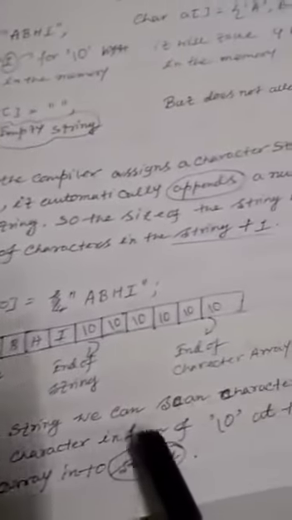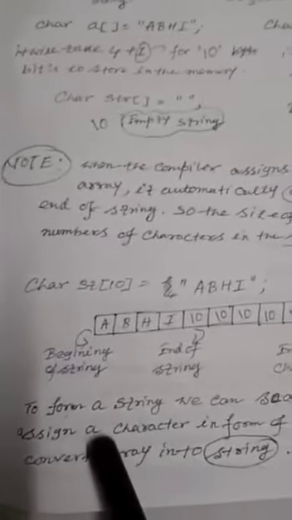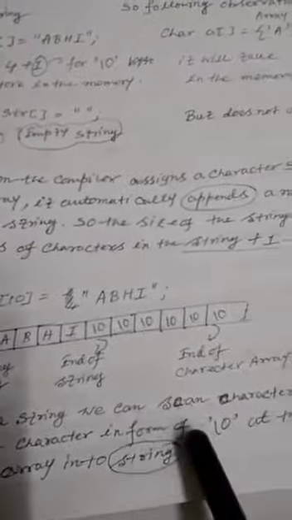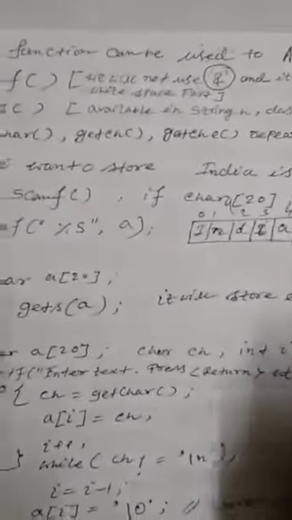To form a string, we can scan characters individually and assign a null character at the end to convert the array into a string. To convert an array into a string, we just have to inject a null character at the end of the continuously placed characters, then it will automatically become a string.